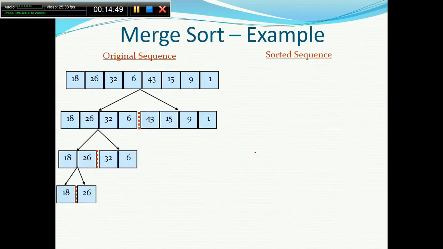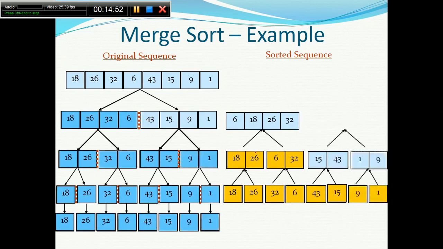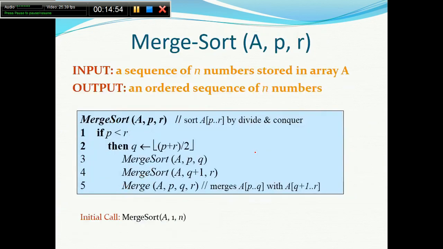Now we have seen this example already. Now come to the merge sort A, P, R, where P is the lower bound and R is the upper bound. Input is a sequence of n numbers stored in an array A, and output would be an ordered sequence of n numbers, in increasing order.